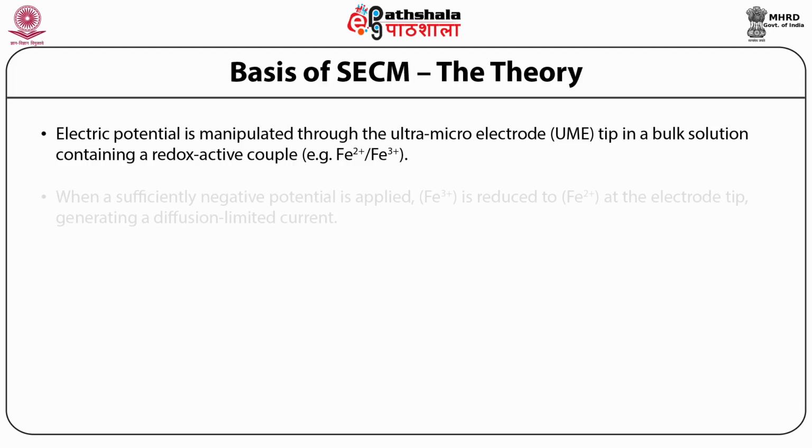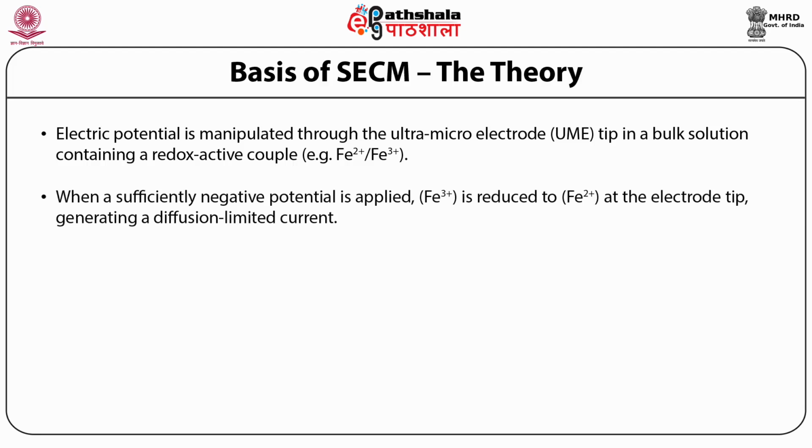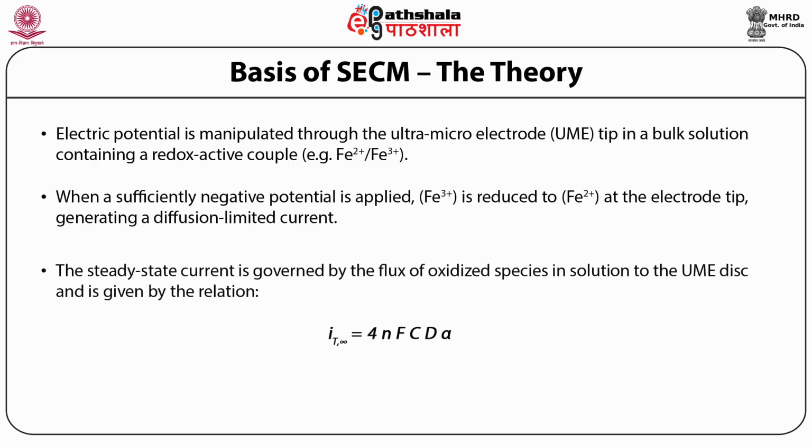When a sufficiently negative potential is applied, Fe3+ is reduced to Fe2+ at the electrode tip, generating a diffusion-limited current. The steady-state current is governed by the flux of oxidized species in solution to the UME disk and is given by the relation.